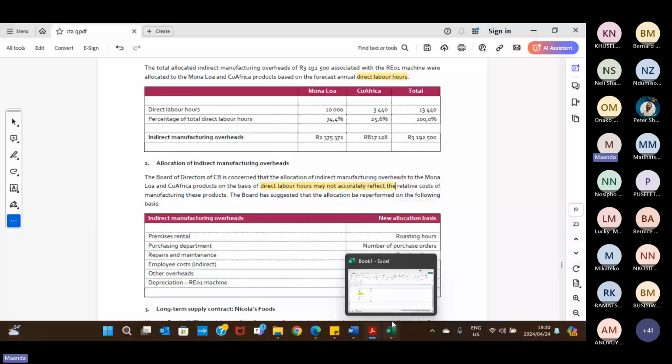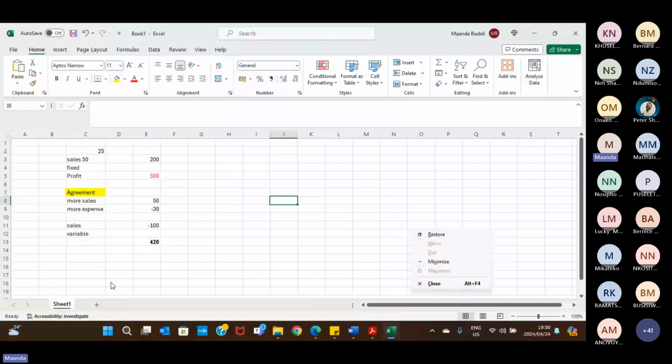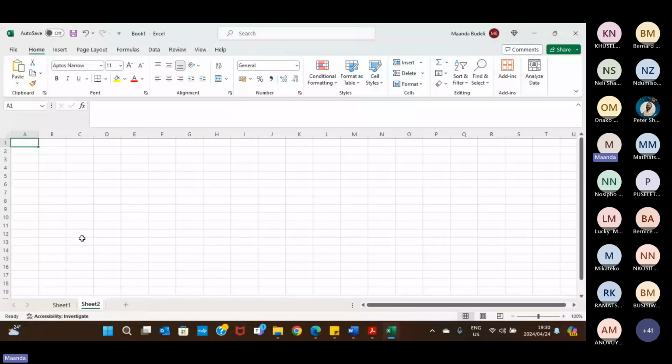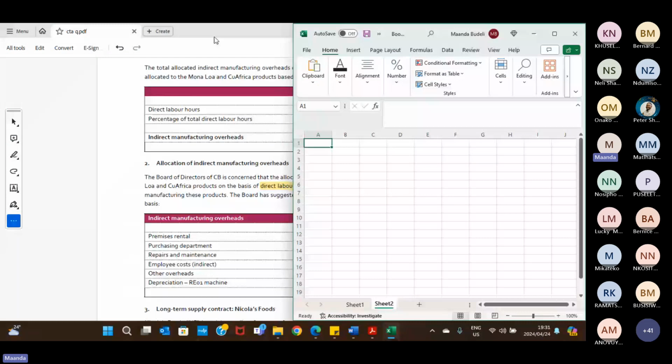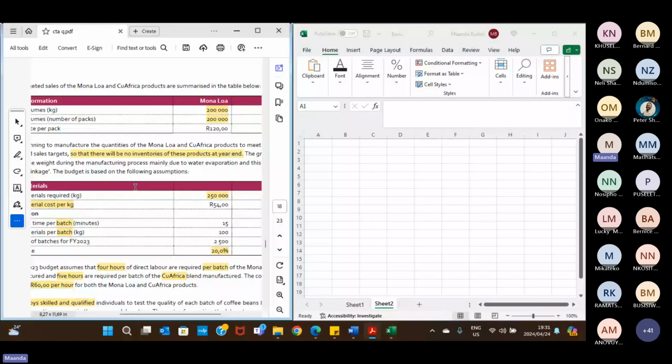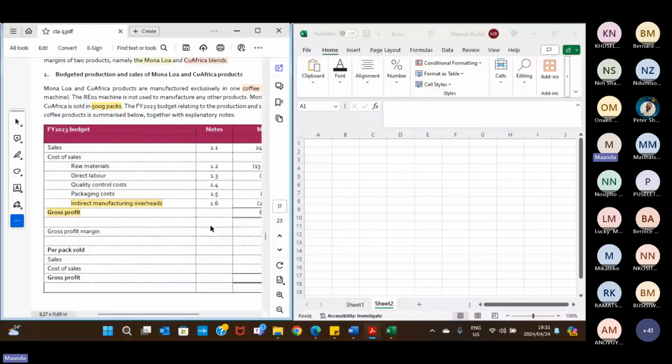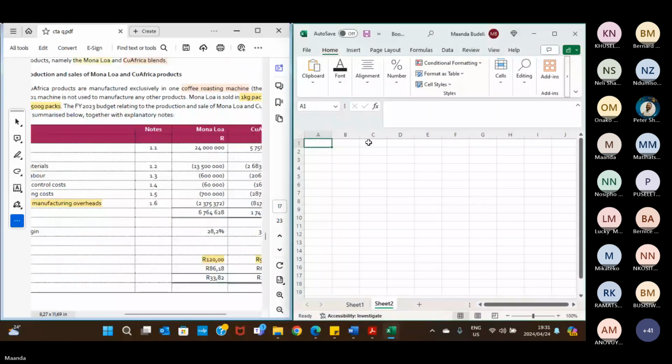So what I'm going to do, I know I have my gross profit, right? So let me do this. I know I have my gross profit here, which is 6 for M. So for M, I have 6.